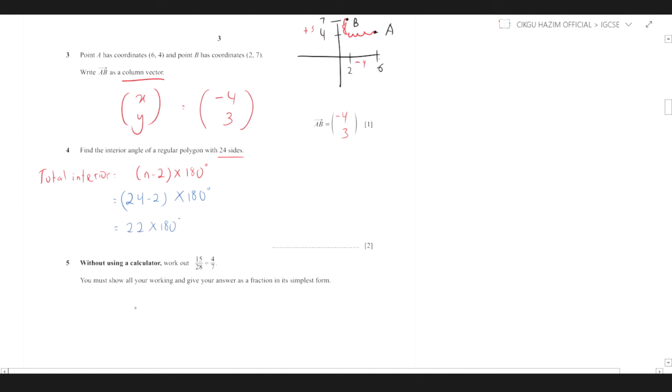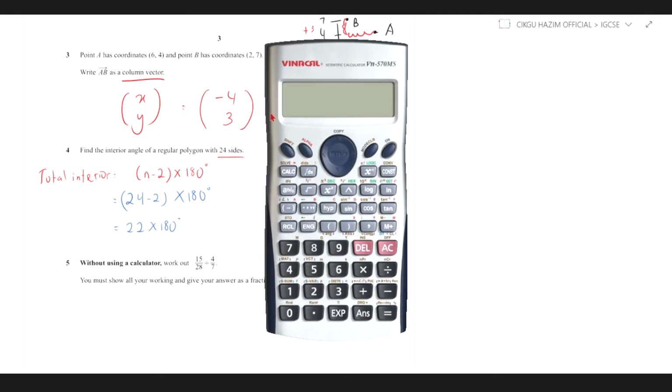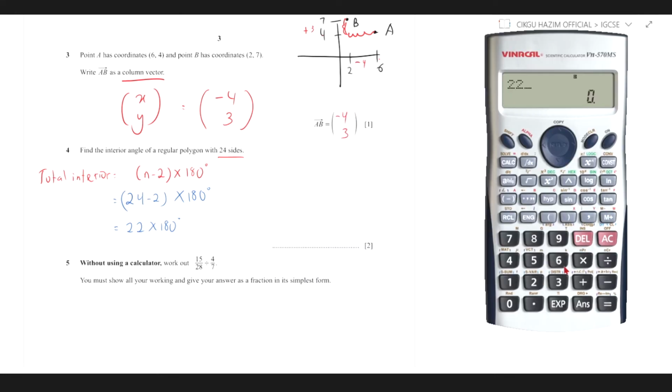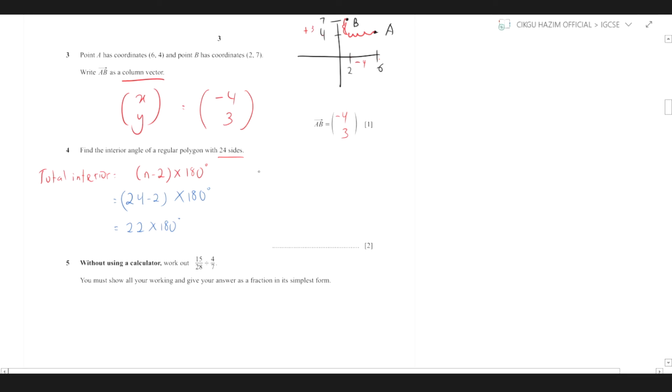Then this one you can press in your calculator, not a problem. You may use any kind of calculator that would be helpful for this kind of calculation. So 22 multiplied by 180, you're gonna get 3960. So the total interior angle that you're gonna have is 3960 degree.